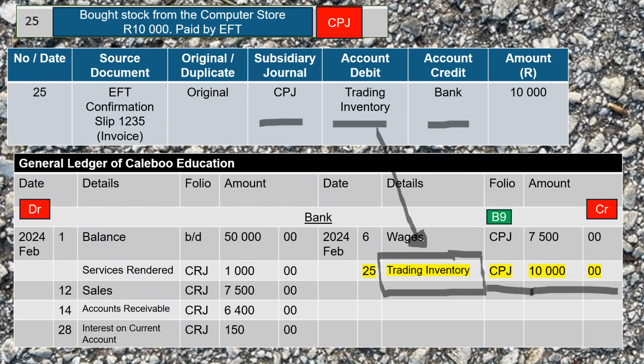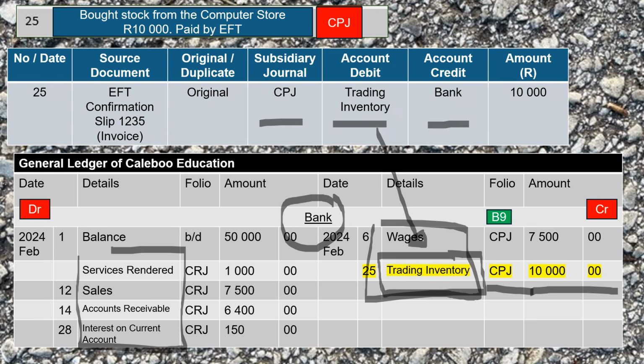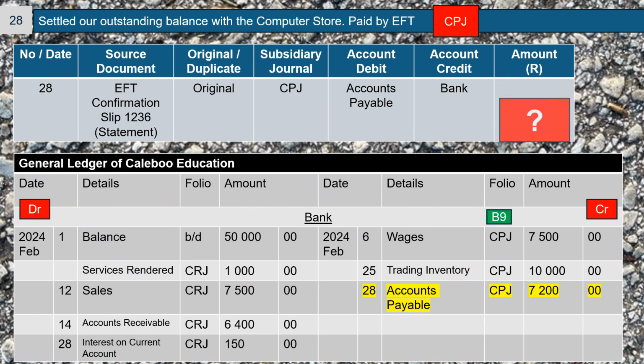It is trading inventory. Which account are we doing? The bank account. Refresher. So under details, you always have the name of the other account affected by the transaction, the contra account.